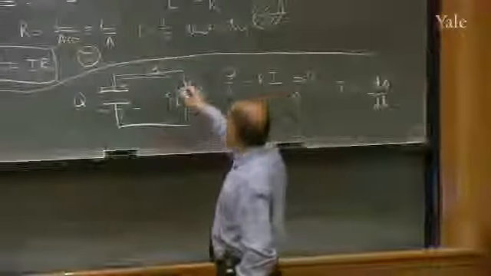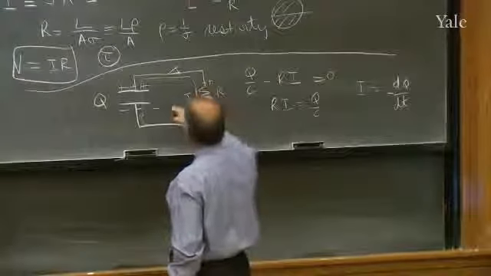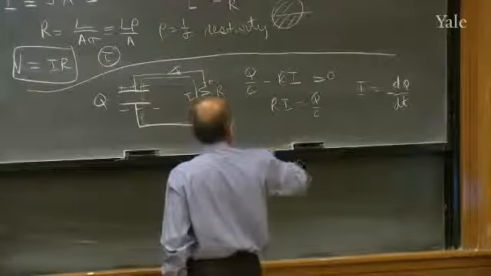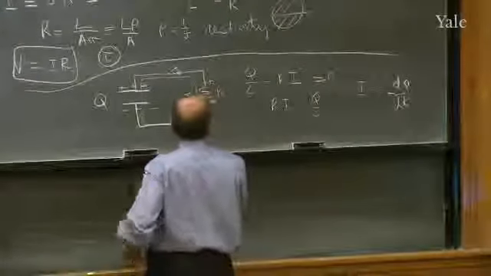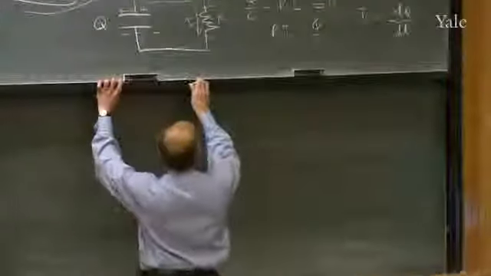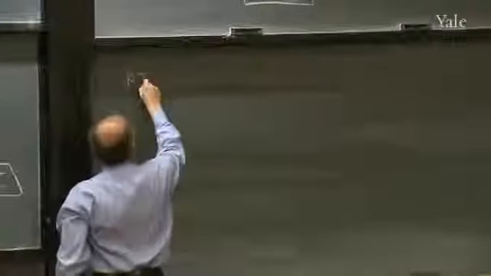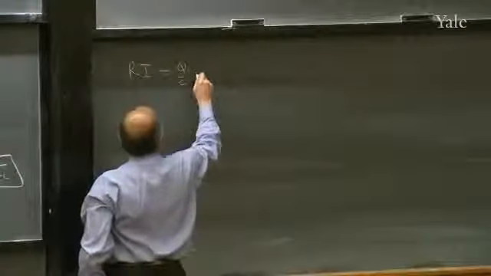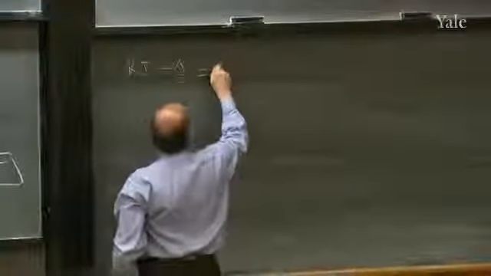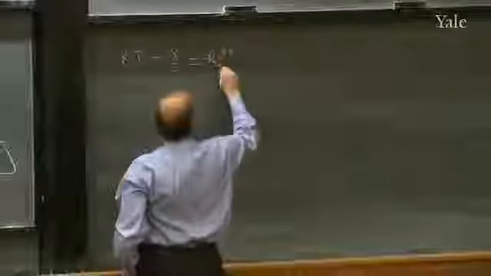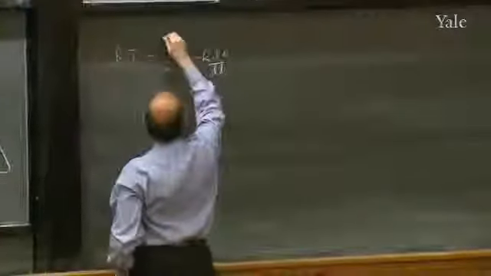Because if I is defined this way and it's positive, a positive I depletes the charge, so I is minus dq dt. So I have the equation here. Go back to Ri equal to Q over C and write it as minus R dq over dt equals Q over C. This is my equation.